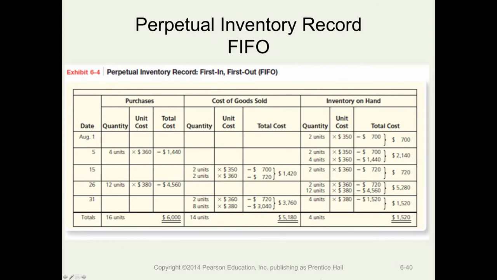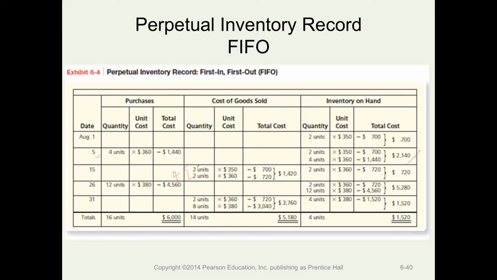And again, to explain this, beginning inventory is 2 units at 350, or 700. August 5th, we buy 4 units at 360, 1440. Right now, the balance of inventory is 2140. Now we sell 4 units, and 2 units have to come out in FIFO order.